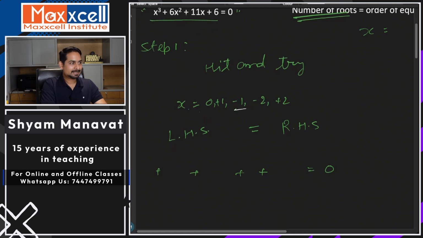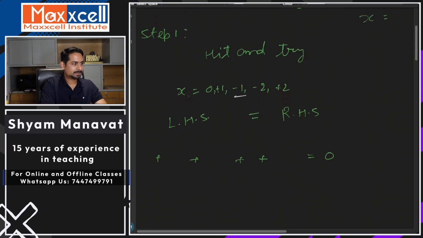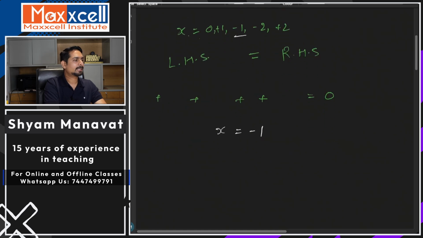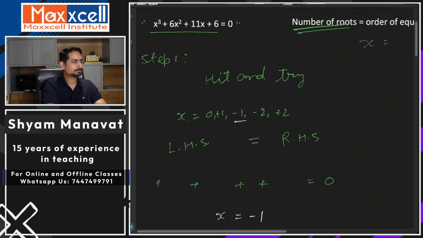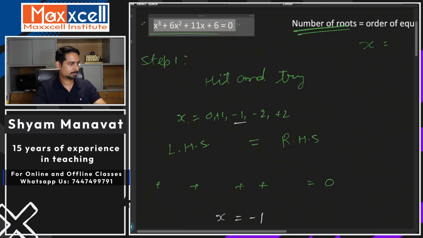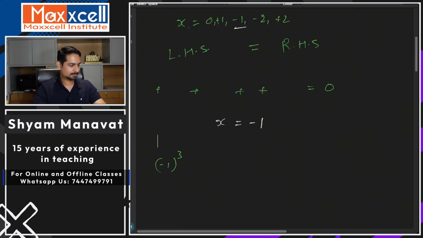Now let me say I substitute x is equal to -1. If I substitute x is equal to -1, then what will happen? Let me take this equation down so that all will be on the same screen.